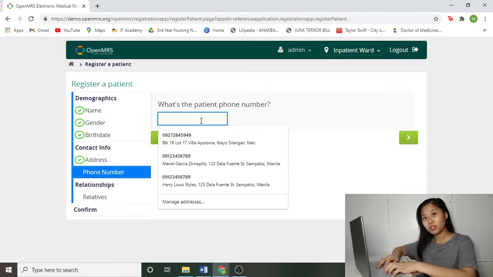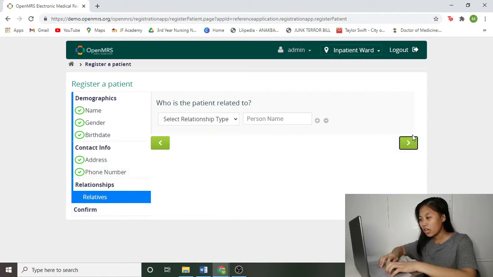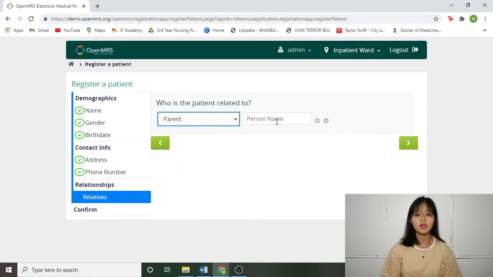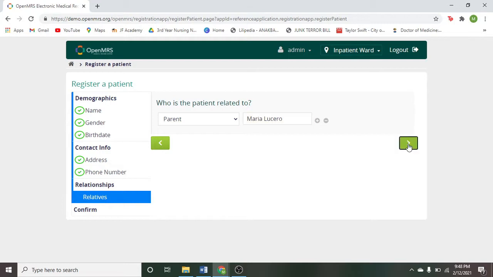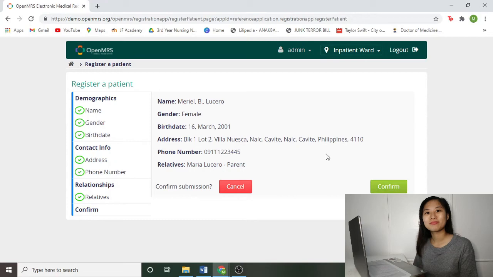What's your phone number? 09111-223-445. And who do you want us to call in case of emergencies? My mother, Maria Lucero. Okay, so that's all for the personal information. Thank you.